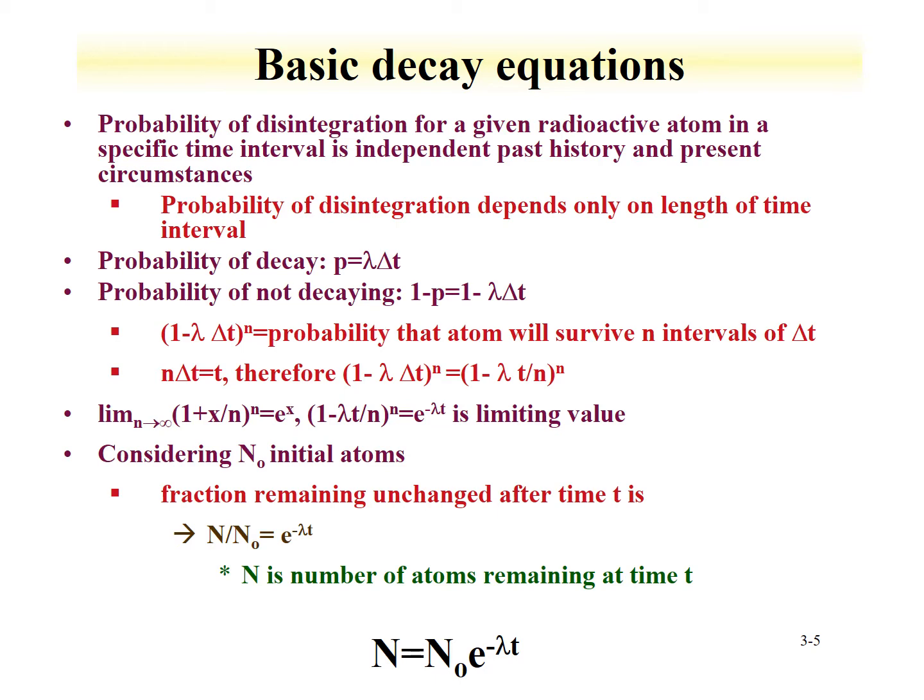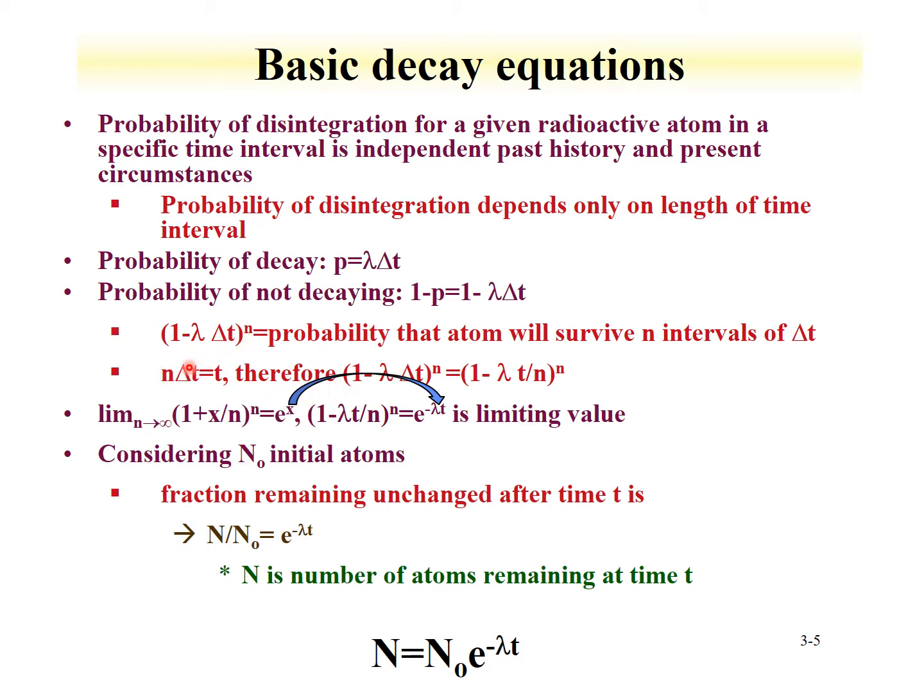So the probability of decay is equal to the decay constant times whatever time interval we're looking at. The probability of it not decaying is 1 minus that p, so 1 minus the decay constant times the time interval. So the probability that an atom will survive n intervals of this delta t, we expand that equation: 1 minus lambda times delta t, to the n.